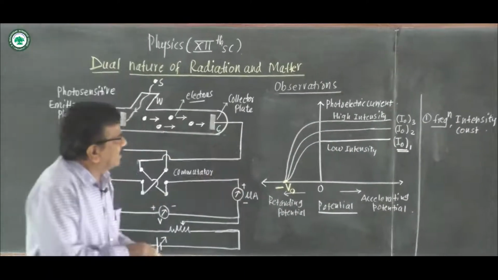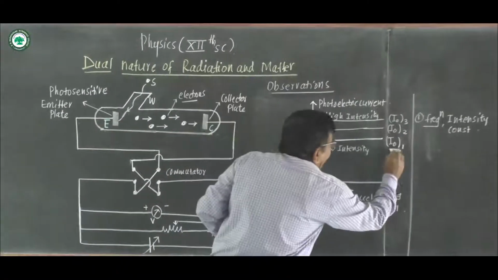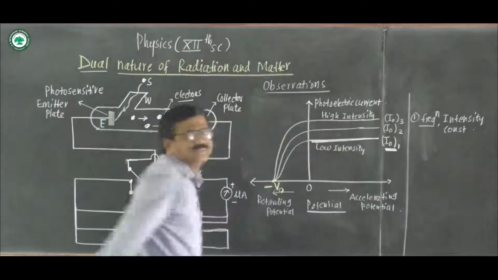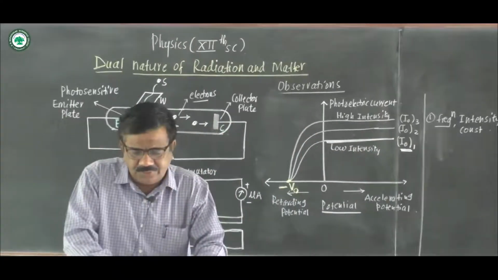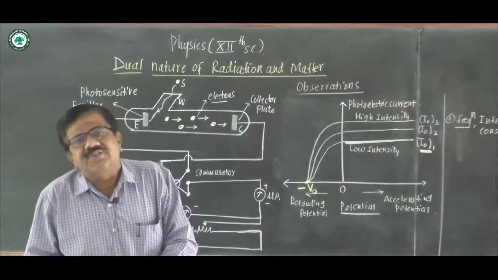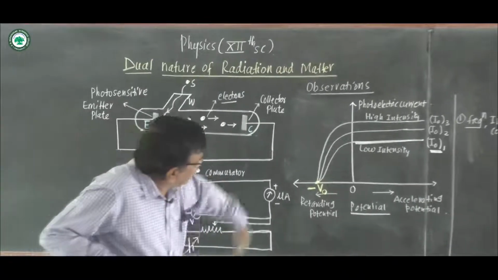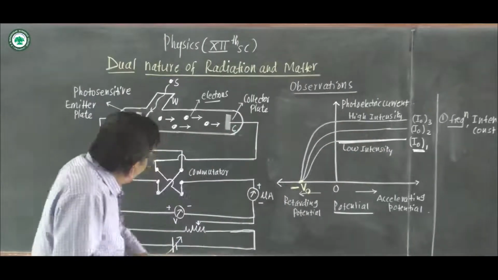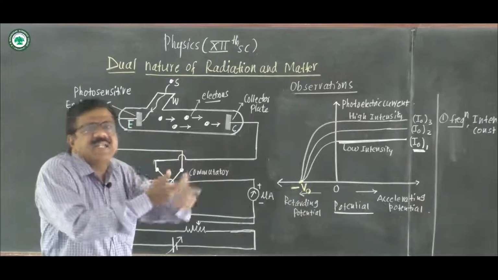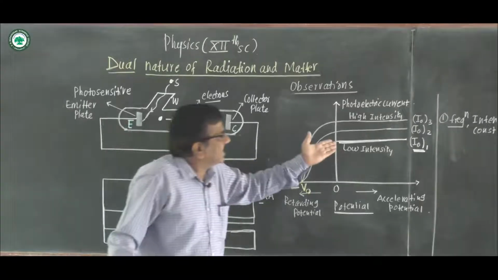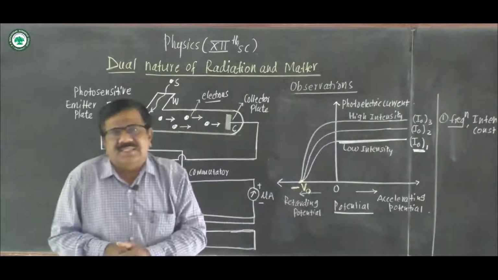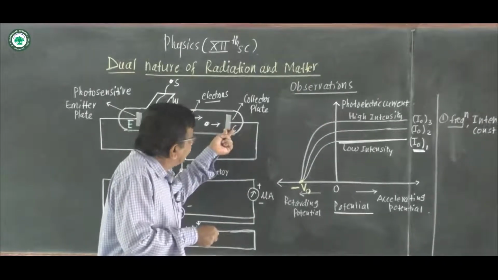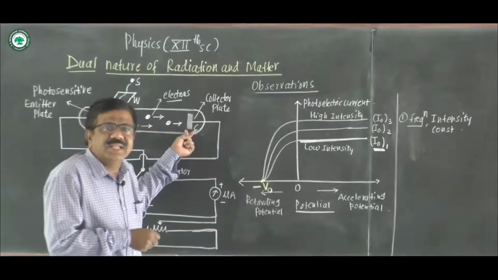Photoelectric current reaches a maximum value, and this maximum value of photoelectric current is called the saturation current. Once this maximum value is reached, even if positive potential is increased, the photoelectric current does not increase.